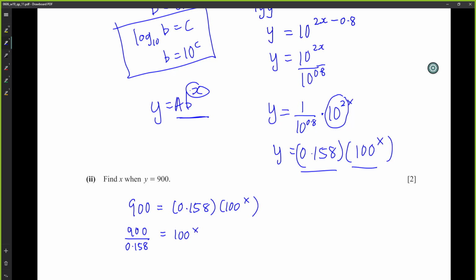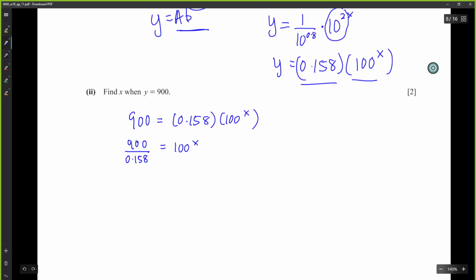Alright, so depending on how you want to solve it, if you have an advanced calculator, you can do log base 100 for it. If you don't have the advanced calculator, what you can do is add log 10 to both sides. Of course, this one you can type in the calculator. Alright, then you have log 100 power of x.